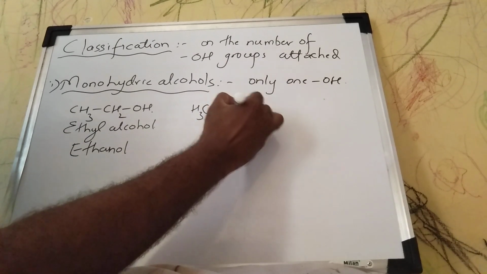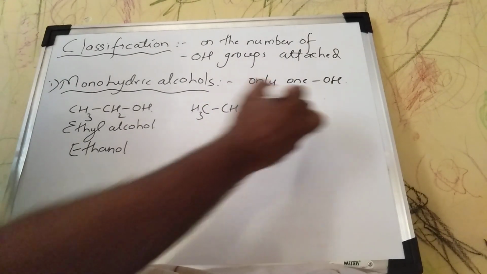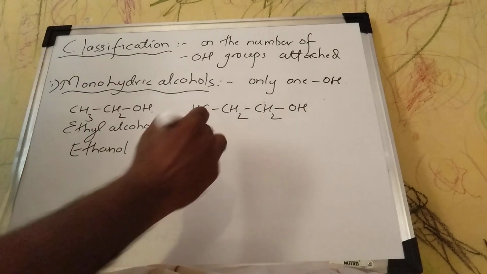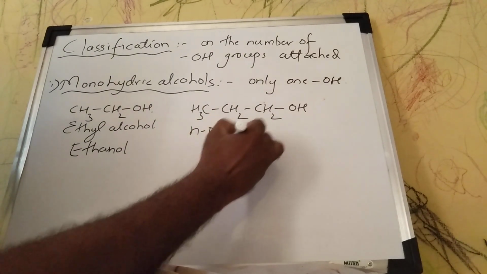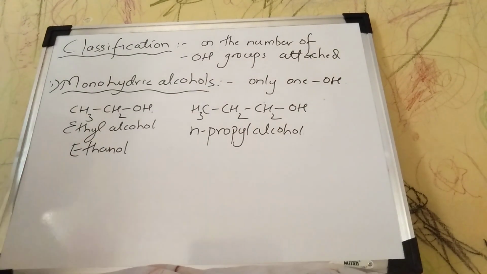CH3, CH2, CH2, OH. The three carbon atom alkane is propane. Accordingly, its alkyl will be propyl. Now the three carbon atoms are in a straight chain, so it is called n-propyl, and OH is called alcohol.